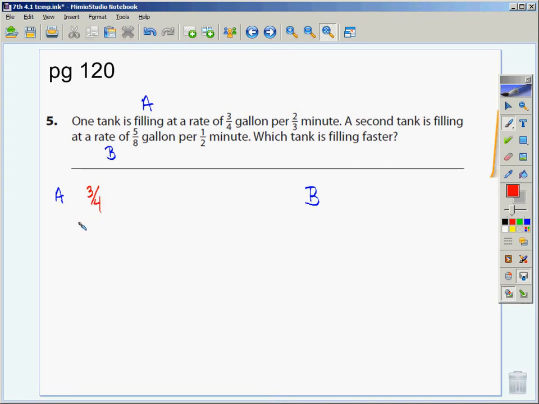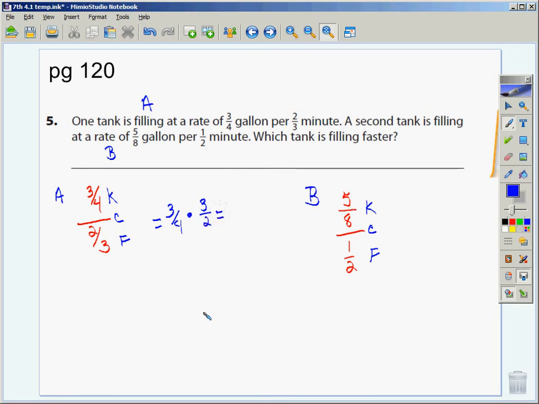3/4 of a gallon per 2/3 of a minute. 5/8 of a gallon per half of a minute. Keep, change, flip. Keep, change, flip. 3/4 times 3/2.